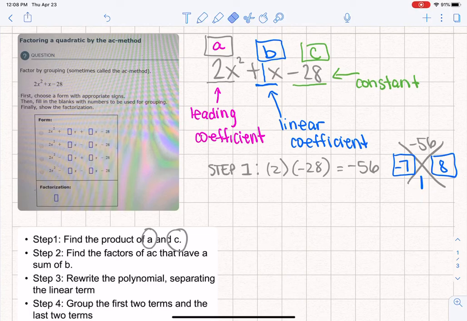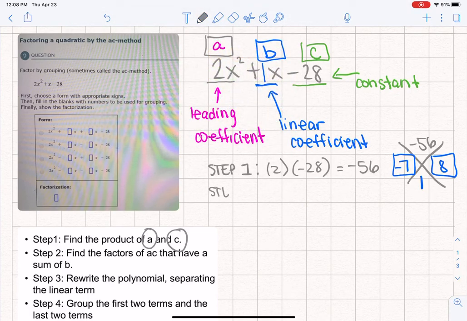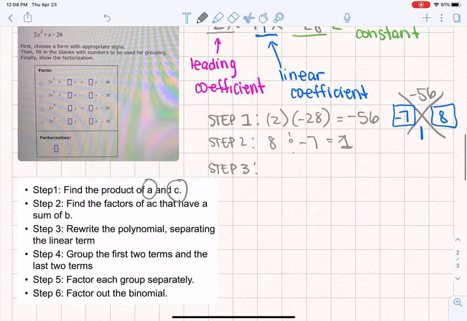Step 2 says to write the factors of A and C that have the sum of B. So I found out that is 8 and negative 7. That gives me 1, which is what I need in my B term. Step 3 says to rewrite the polynomial separating the linear term.